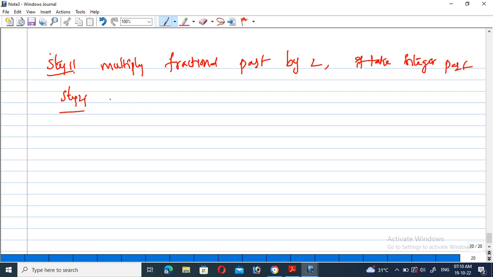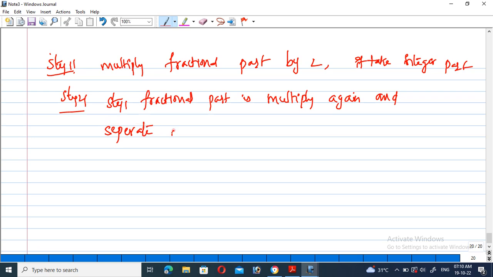Again step 1: the fractional part is multiplied again and the integer part separated. Repeat step 2 until the required number is obtained.